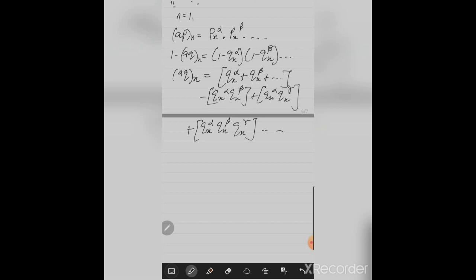If there are only 2 risks, obviously AQX comes out as QX alpha plus QX beta minus QX alpha times QX beta. So this is AQX. We're directly getting this kind of relationship also.